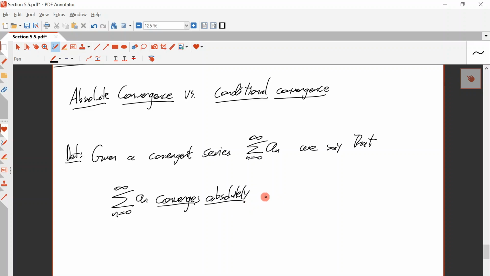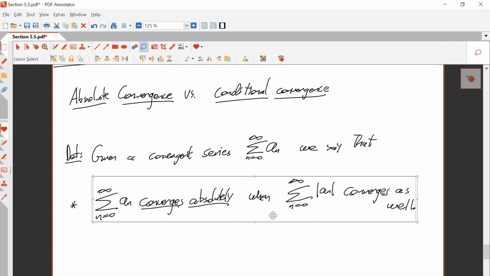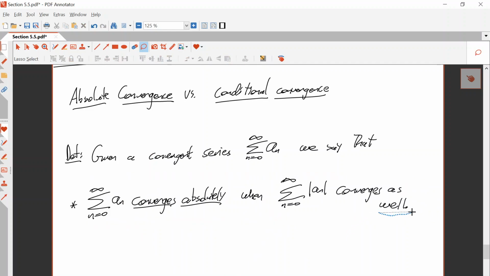I mean, when the sum n equals 0 to infinity of the positive terms converges as well. Okay, so that's what absolute convergence means.